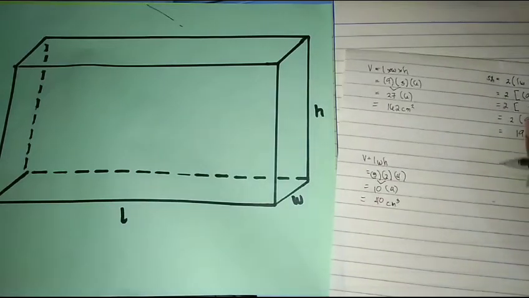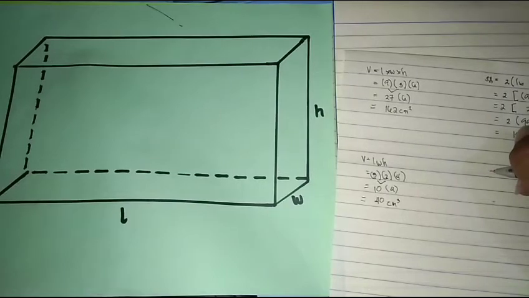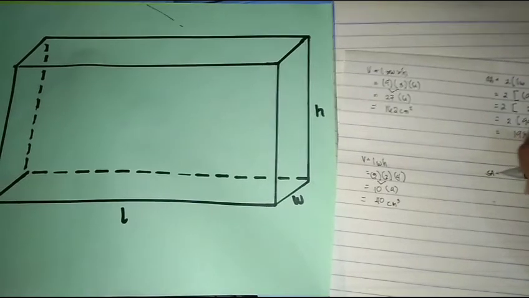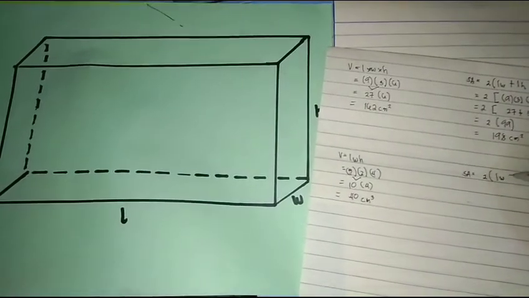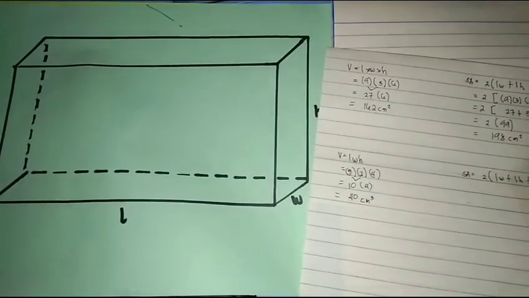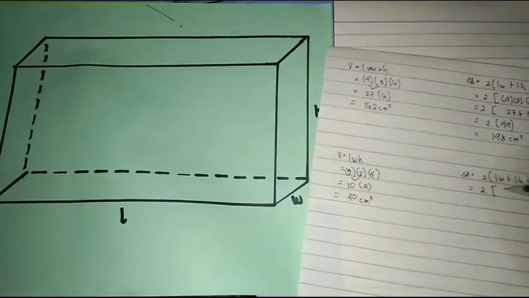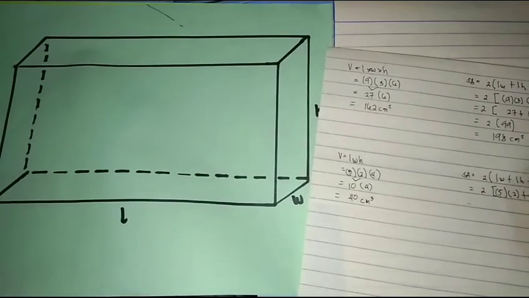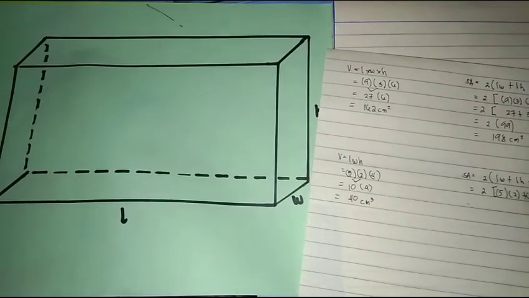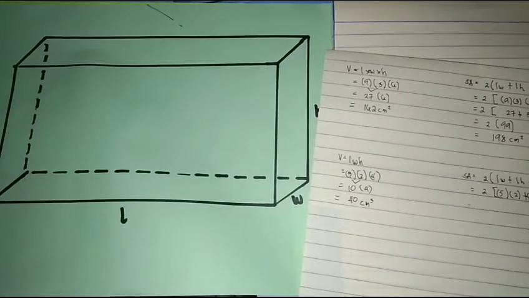And also for its surface area, we need to follow the same formula: SA equals 2 multiplied by the quantity of length times width plus length times height plus width times height. Substitute the values, copy the 2. The length is 5 multiplied by 2, plus the length of 5 multiplied by 4, plus the width of 2 multiplied by 4 in the height.